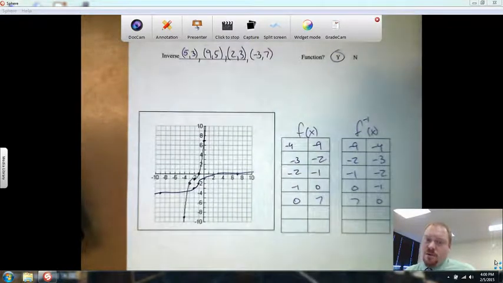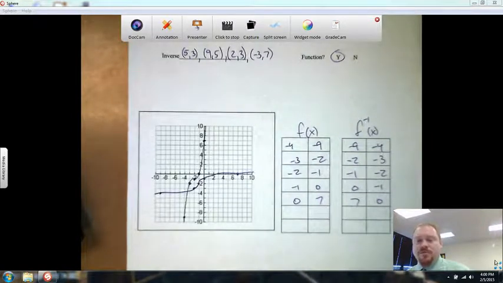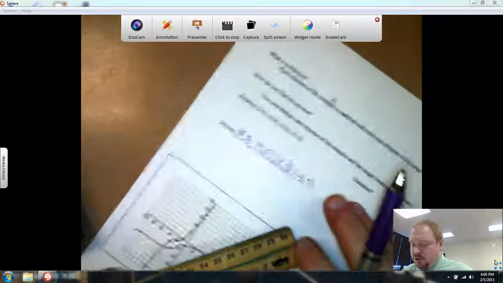Now, you might also recall that since we swapped x and y, basically what we were doing is reflecting along the line y = x. So I'm just going to draw that line in.